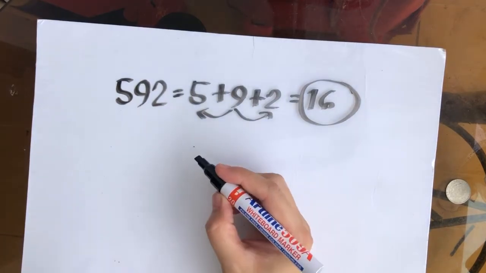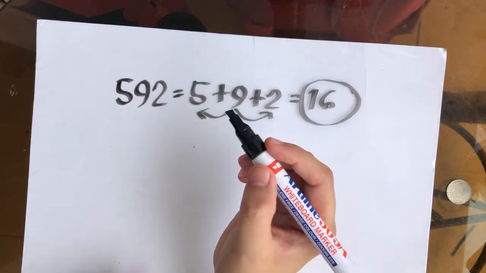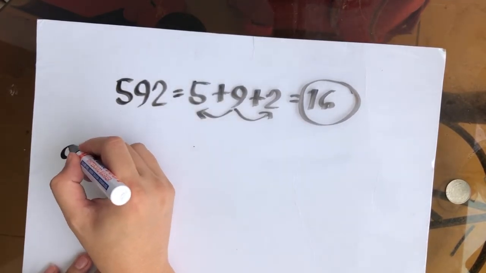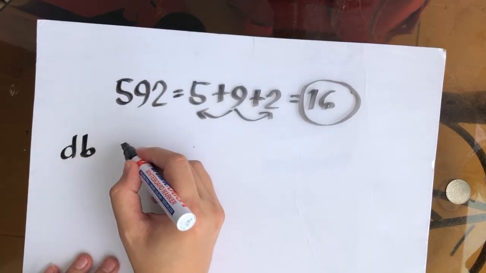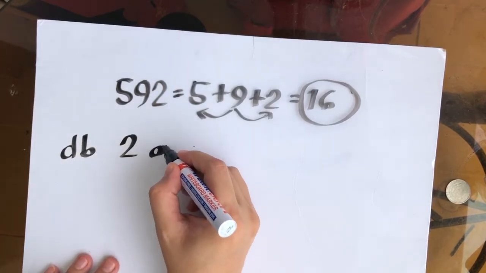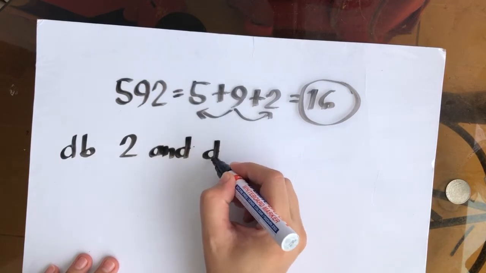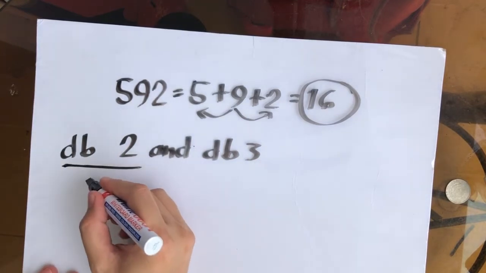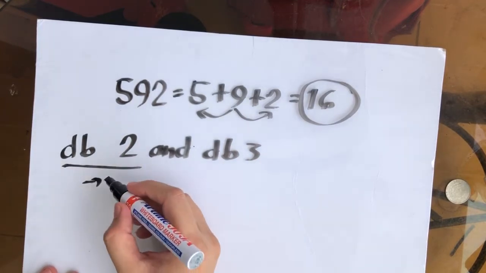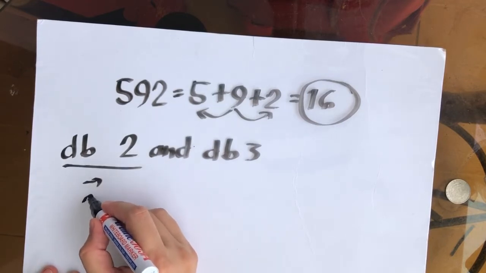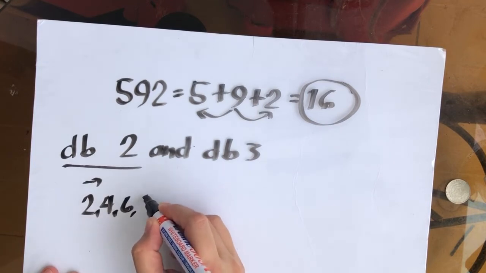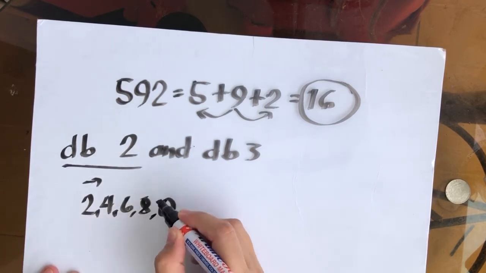Ang sabi, for a number to become divisible by 12, kailangan siya daw ay divisible by 2 and divisible by 3. Okay? Kailan ba nagiging divisible by 2? Nagiging divisible by 2 kung ang kanyang dulo ay 2, 4, 6, 8, or 0.